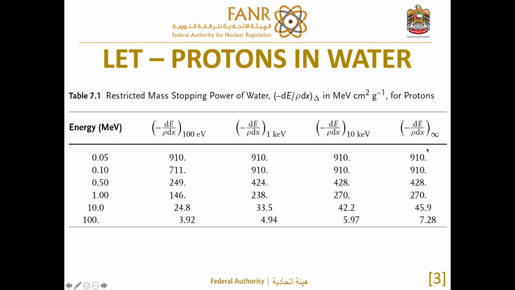So if we have a look at the numbers here, what we notice first of all is that these numbers decrease with energy, which means that protons of higher energy per unit path deposit less energy than protons of lower energy. And we know this. We know that charged particles, you remember that graph showing the Bragg's peak?